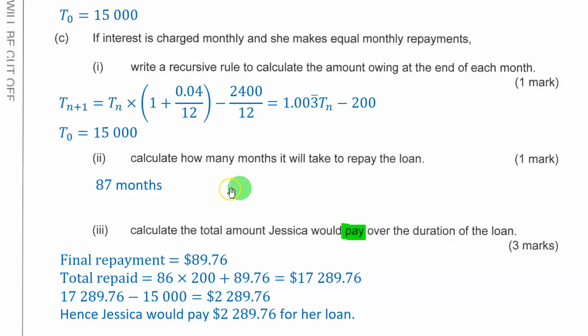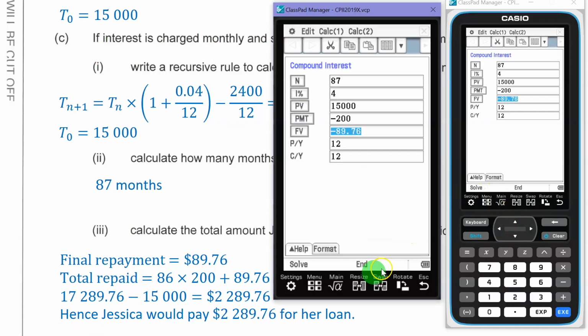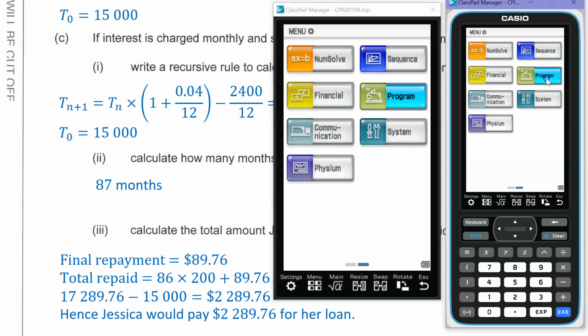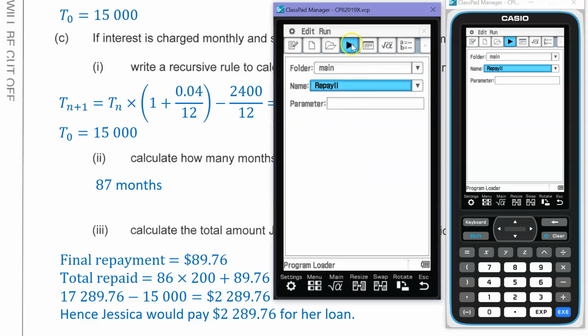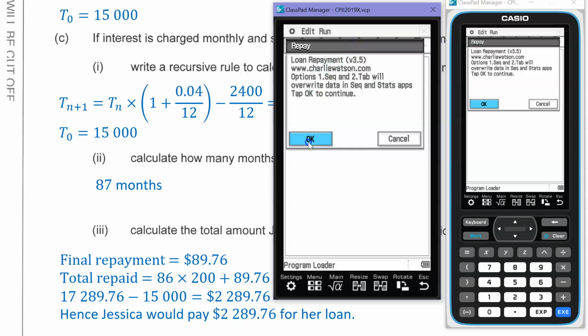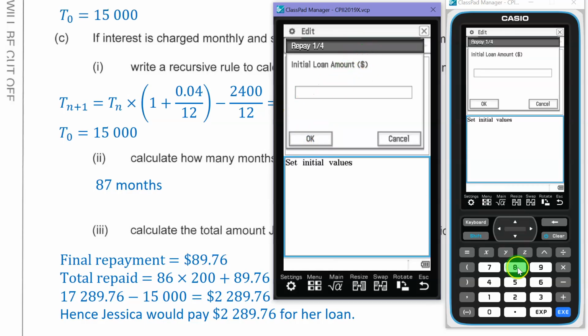One last thing, for these last 5 marks here, another way of doing it with the calculator, if you had a copy of the repayment program here, so into the programs and repay, I fire it up and then say OK to the splash screen. The initial loan amount was $15,000 here. The interest rate was 4% per annum.